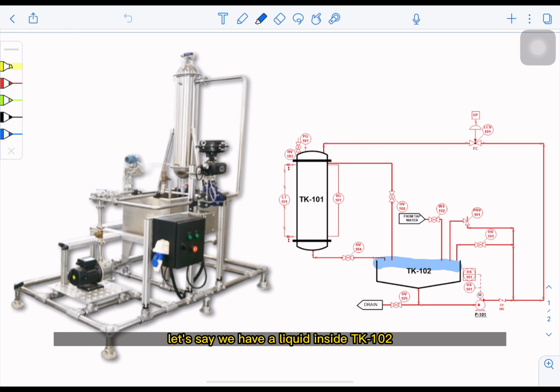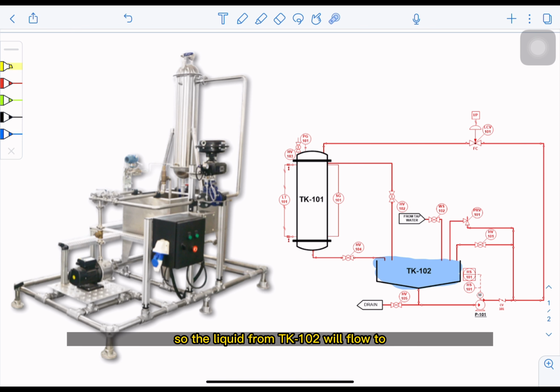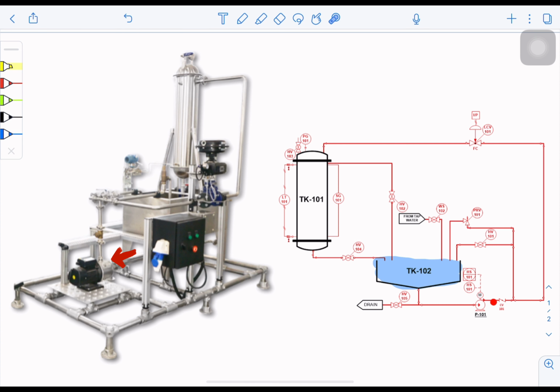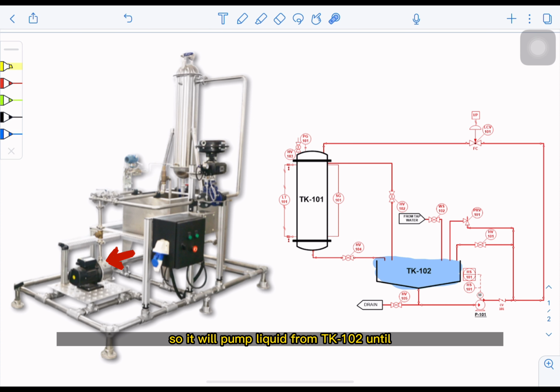let's say we have a liquid inside TK102. So the liquid from TK102 will flow to this line when pump 101 is turned on. So this one is the feed pump. So it will pump liquid from TK102 until it goes through this line to TK101.